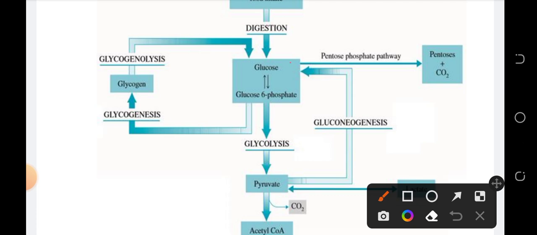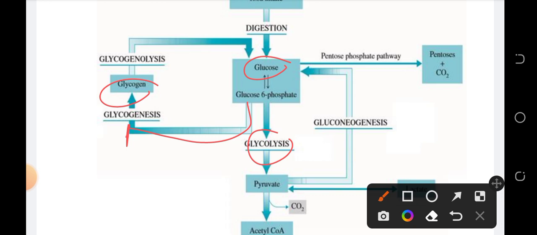Then, if again, the glucose is so high and we don't need ATP production, so hindi siya magpupush through glycolysis. Rather, pwede siyang ma-store as glycogen.